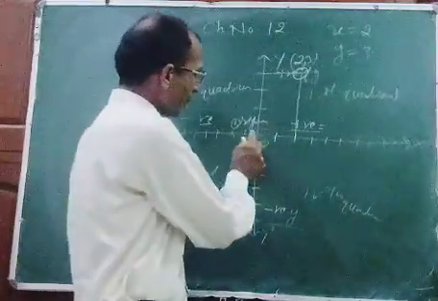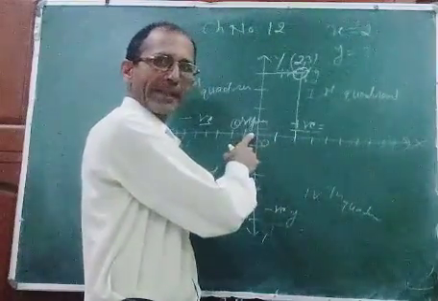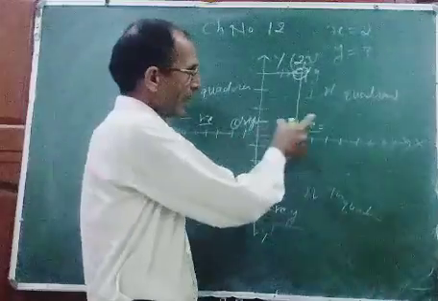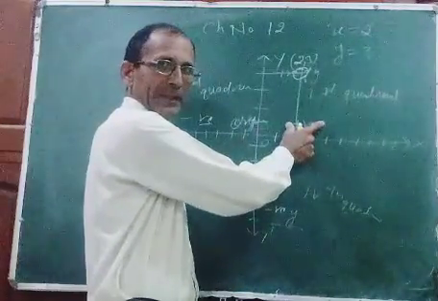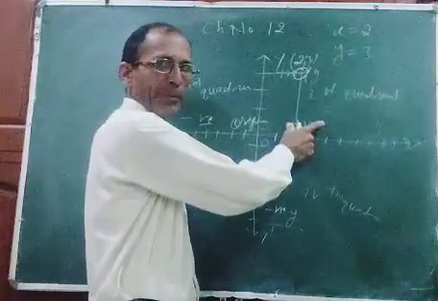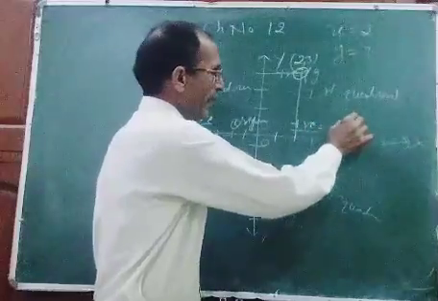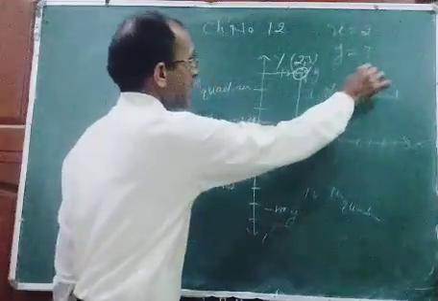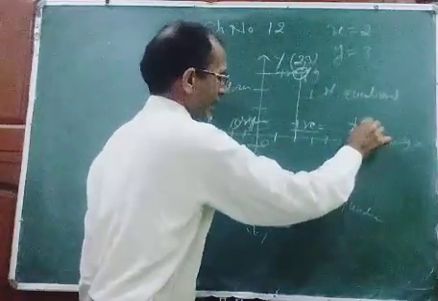So once again, two mutually perpendicular lines are called axes. The intersecting point of the axes is called the origin. In the first quadrant, the values of both x and y will be positive. It means plus plus.